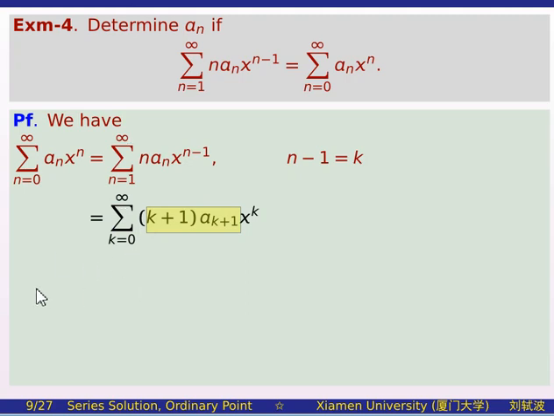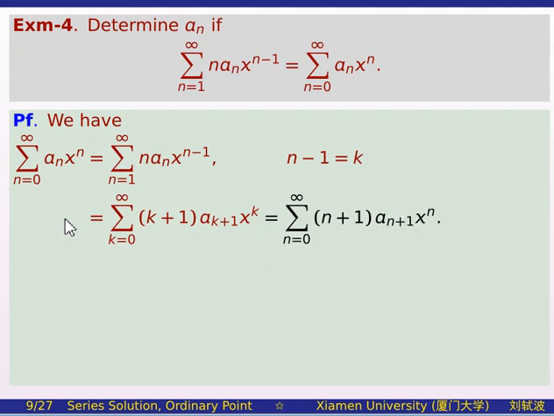We can replace k by n, because in a summation, which letter is used as the summation index is not essential. So we use n, and this can be written as the sum of n from 0 to infinity of (n plus 1) a_(n plus 1) x^n.